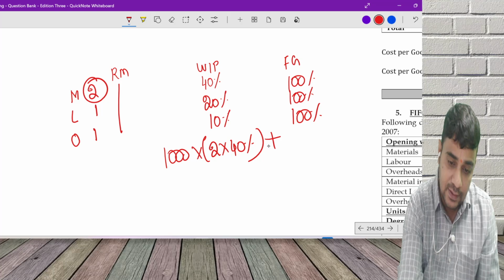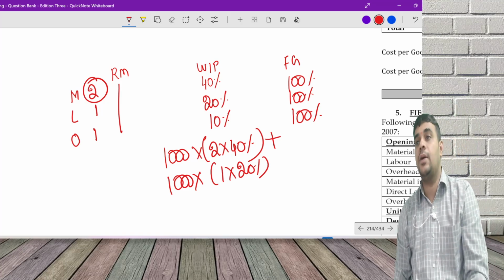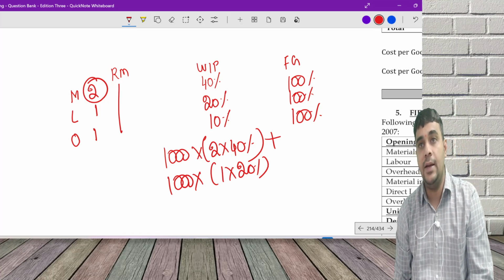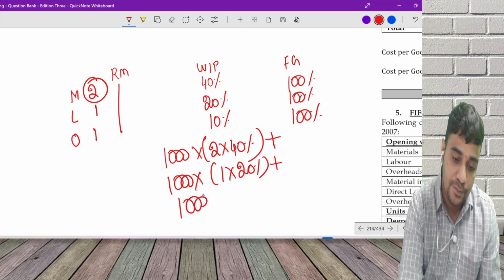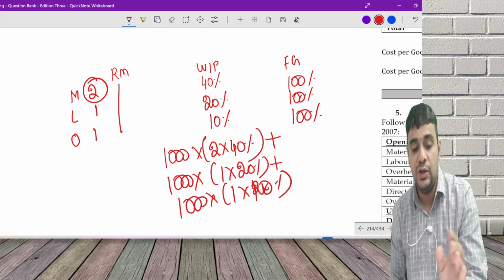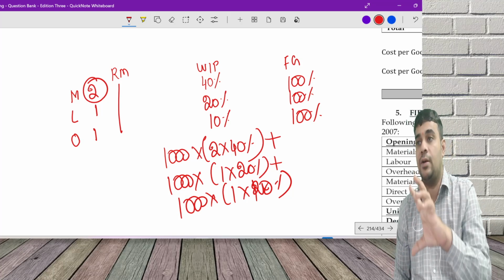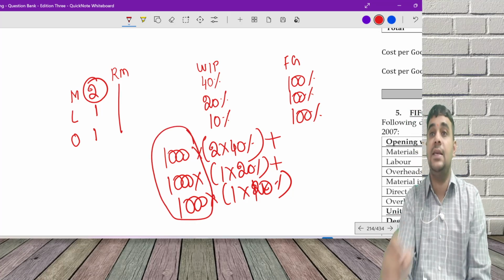Again, plus 1,000 into 1 rupee into 20%, because we have incurred only 20% cost. Again, plus 1,000 into 1 rupee into 10%. So what we do is we do not do this 40% at the per unit cost. We do it at the units itself and call it equivalent units.